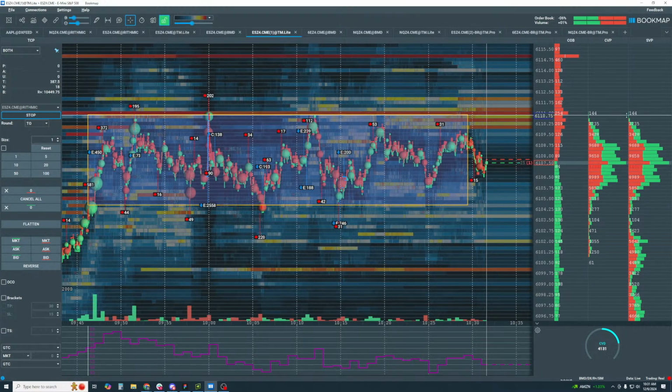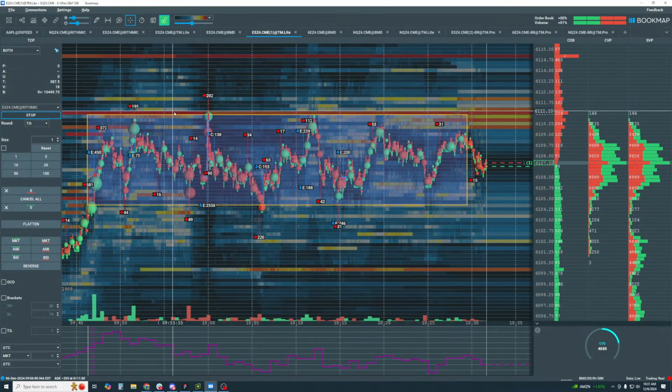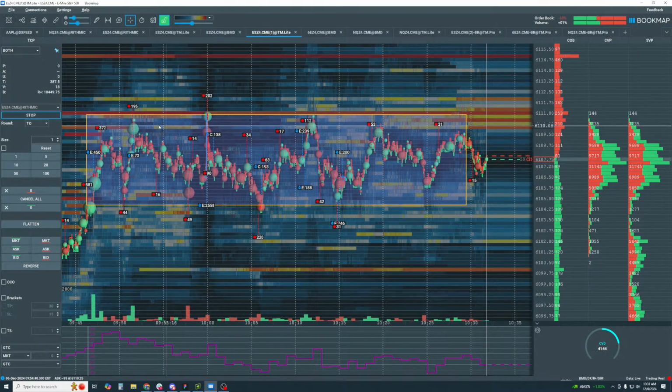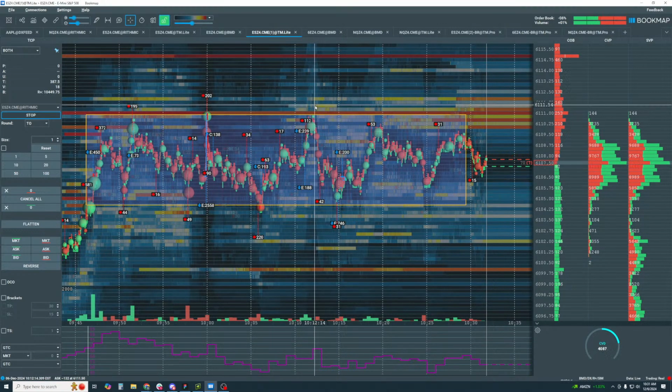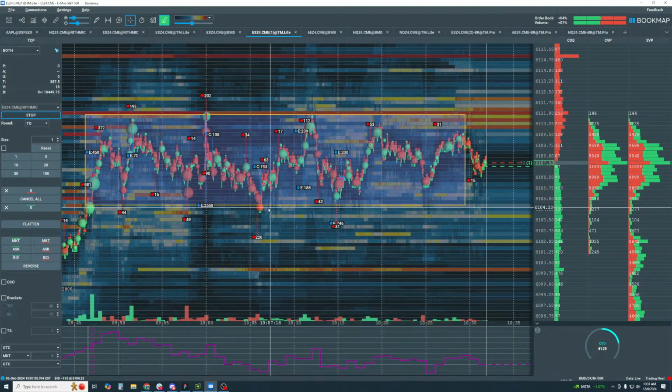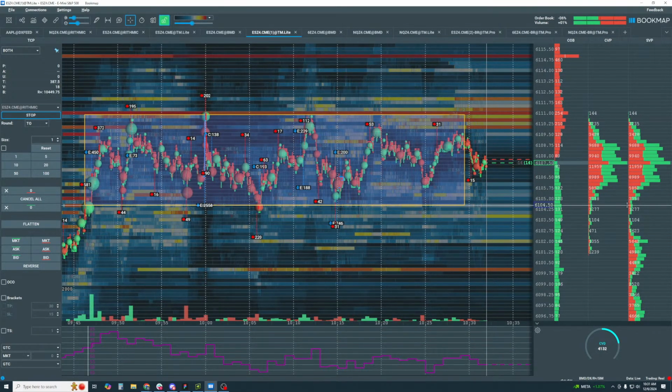Up here, there's not a whole lot of traders either. So we are in here basically in the auction. Up here, this is overpriced. This is underpriced, and buyers and sellers are telling us that.